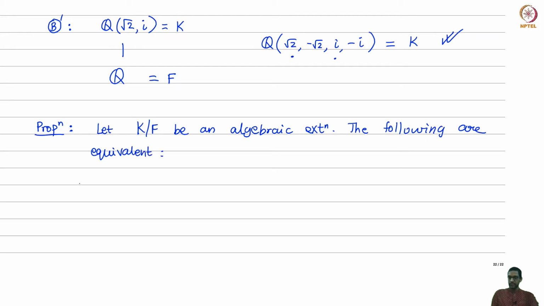Statement 1 says this extension is normal, k over f is a normal extension.